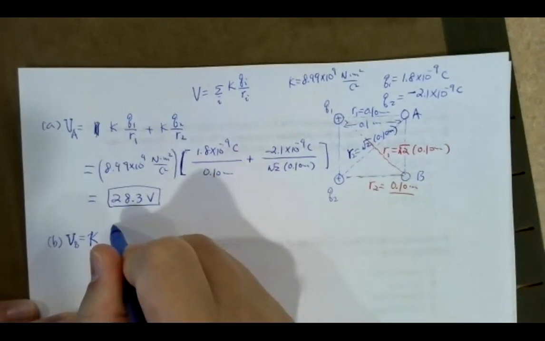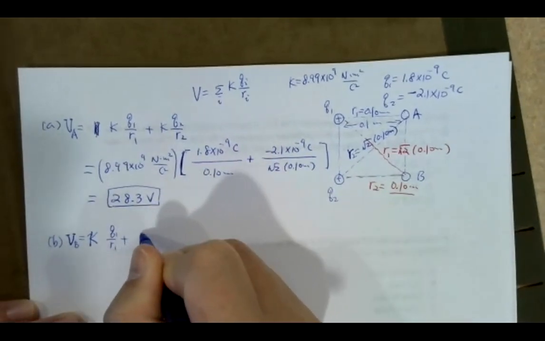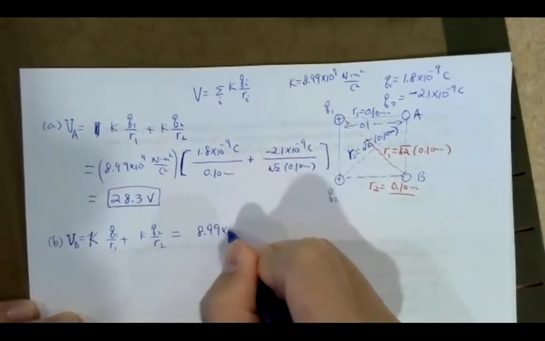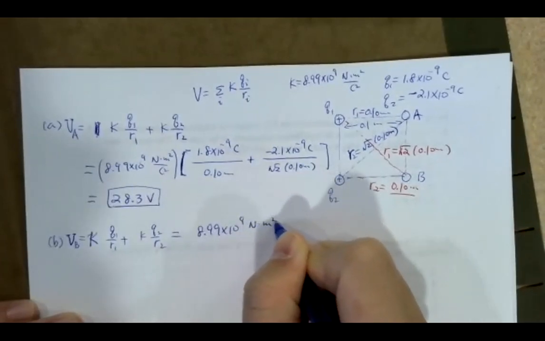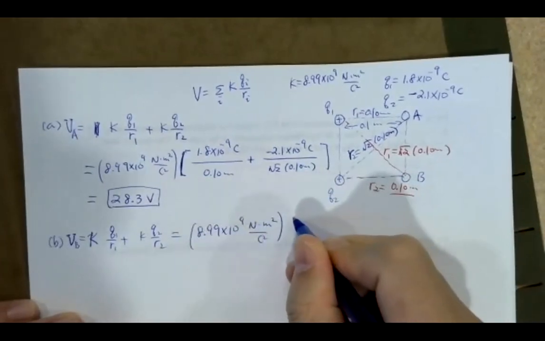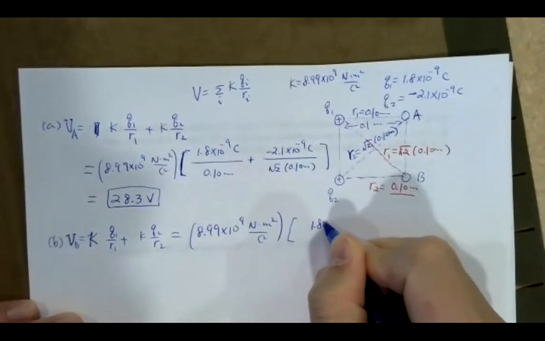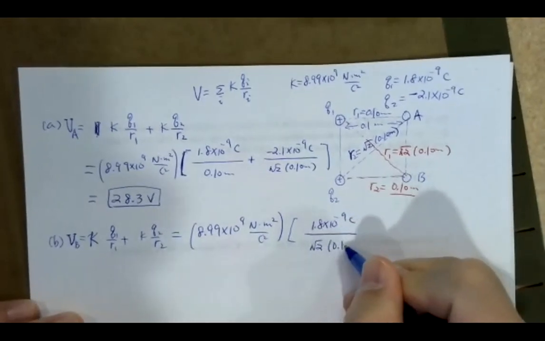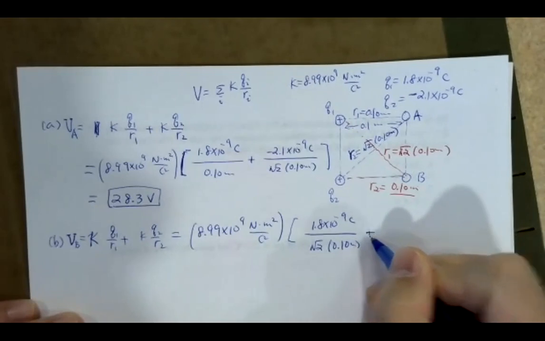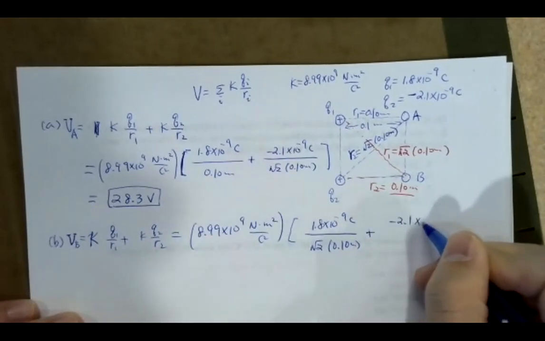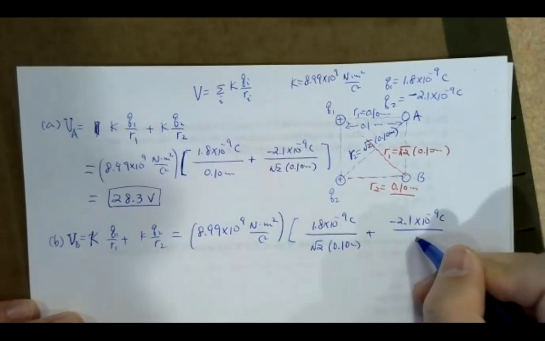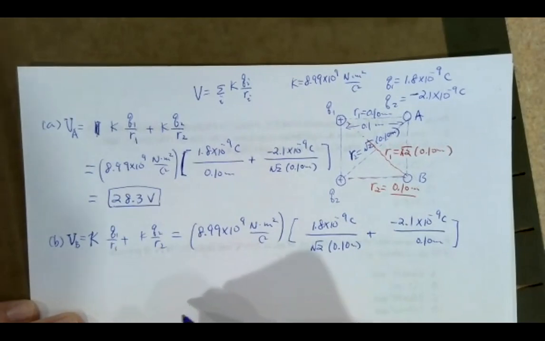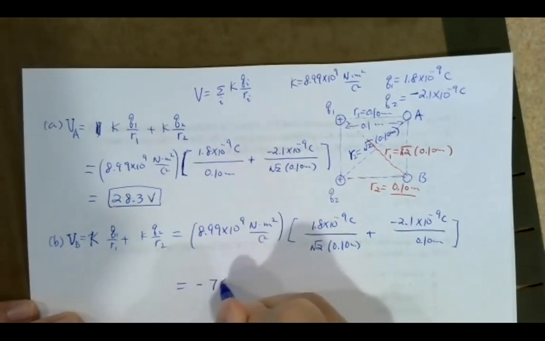So k Q1 over R1 plus k Q2 over R2, the same formula, 8.99 times 10 to the 9. This time you put 1.8 again, but at the bottom you put square root of 2 times 0.1 meters, plus negative 2.1 times 10 to the minus 9 over 0.1. That will give you about negative 74 volts.